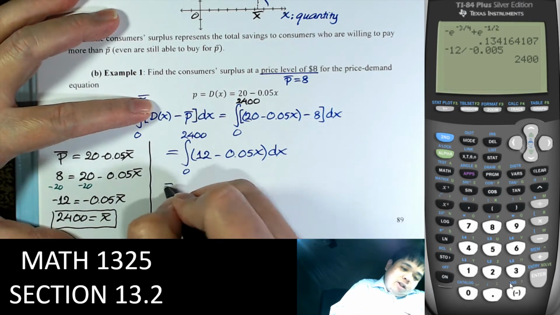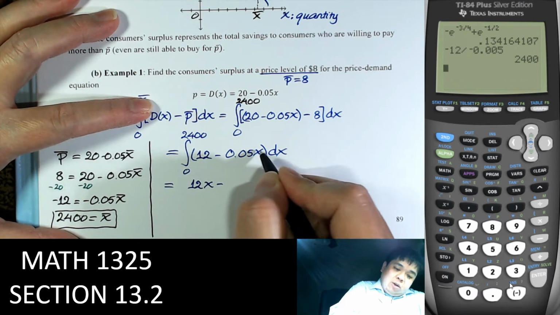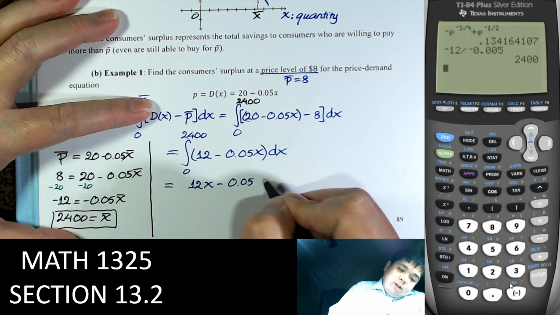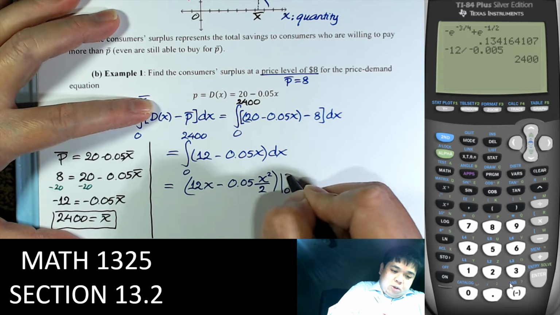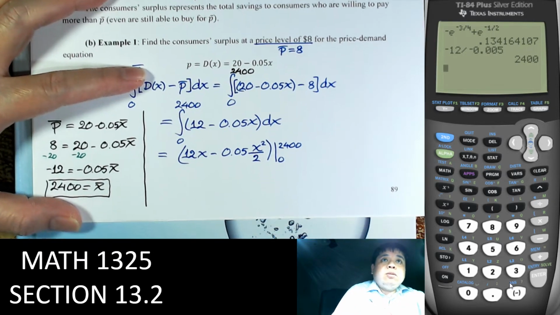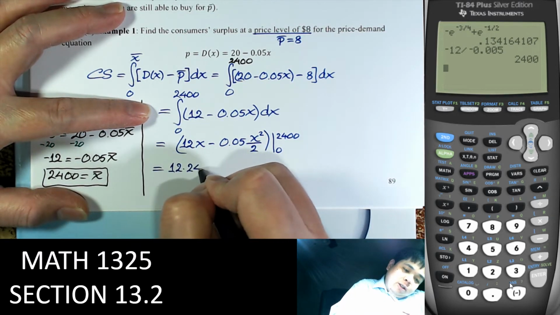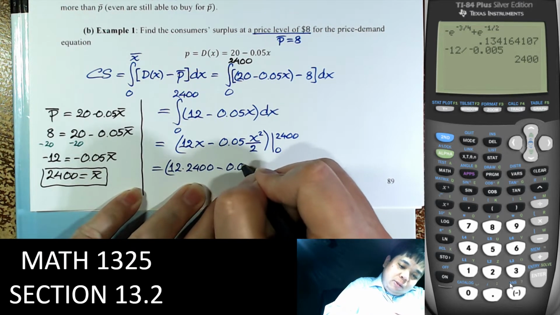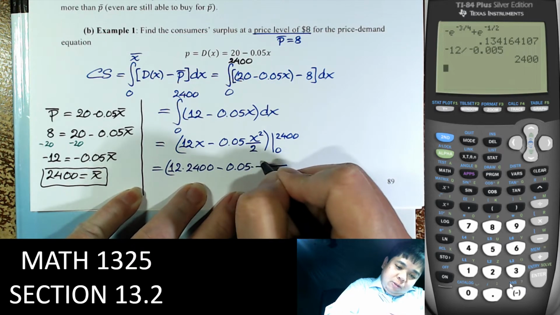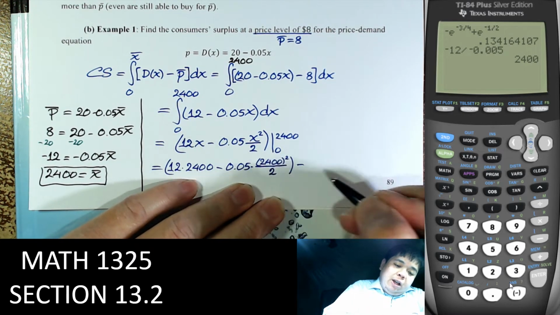That gives us the integral of 12 is 12x, and the integral of 0.05x is 0.05 x squared over 2, from 0 to 240. Put 240 in for x, and then substitute in 0.